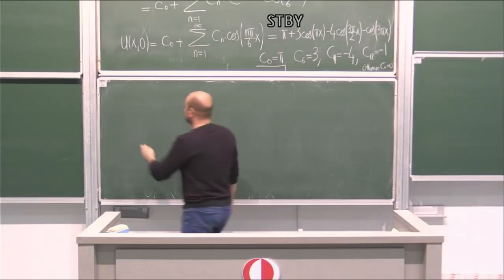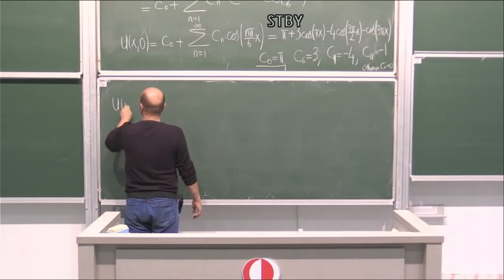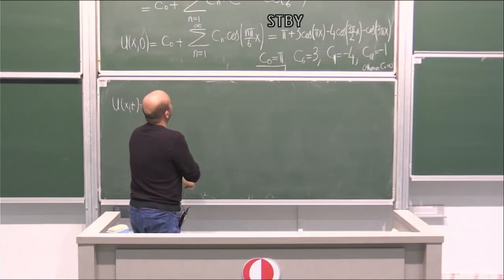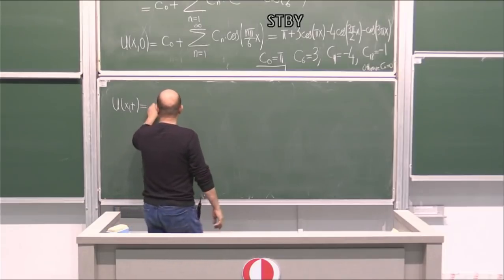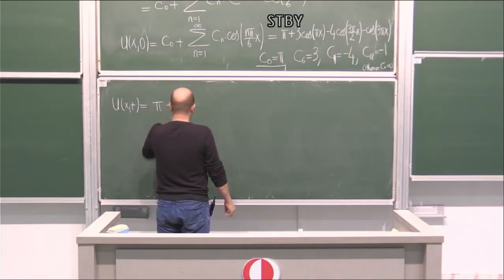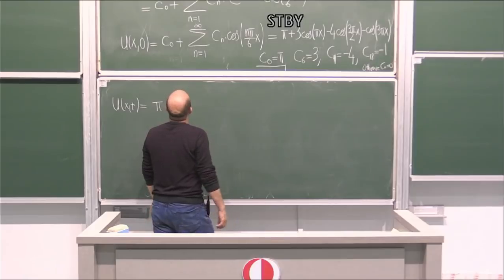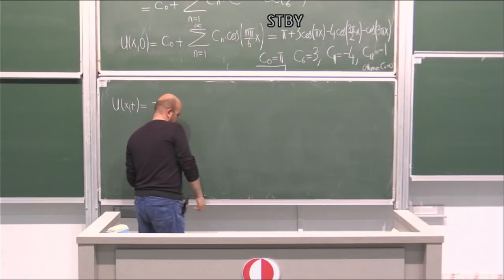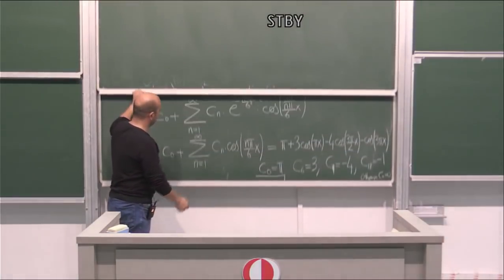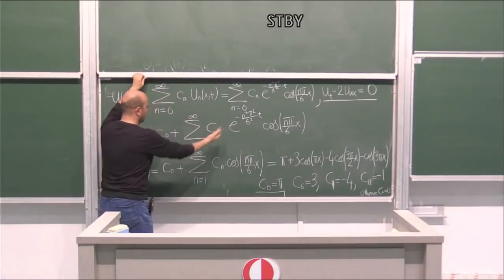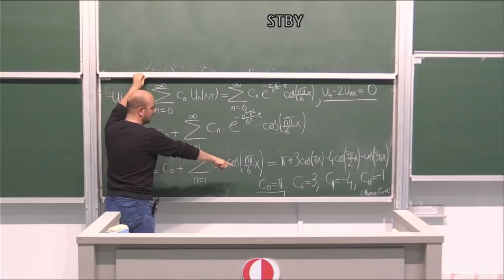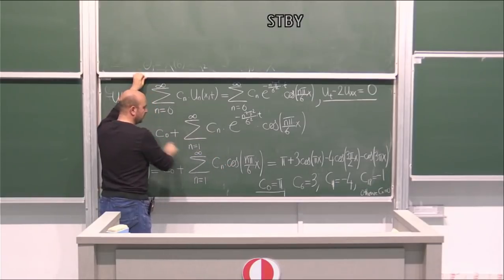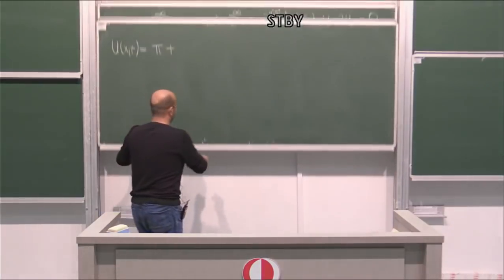So then u(x,t). Now, if you look at the solution, we need to write c0, which is pi, plus... I'm just using this solution, I'm just replacing the coefficients. So when I get c0, it's here already a constant. c6 is 3.